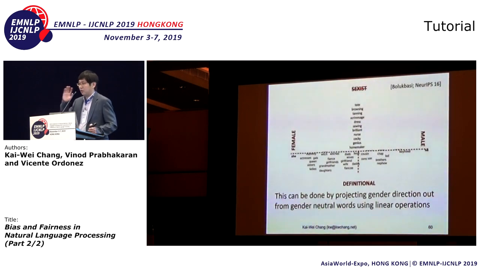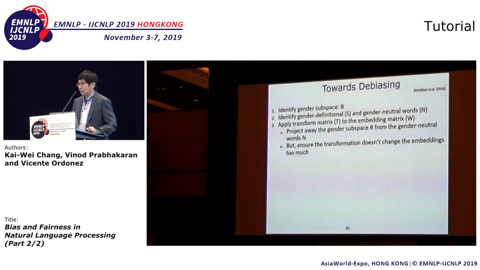So in some sense, if I don't want the gender information to be encoded for certain words, I can just project out this gender direction. Then you can somehow perform surgery on this embedding space, do this projection, and remove certain bias in this embedding model.